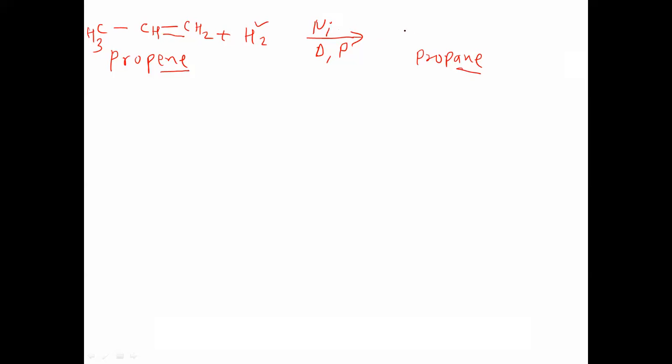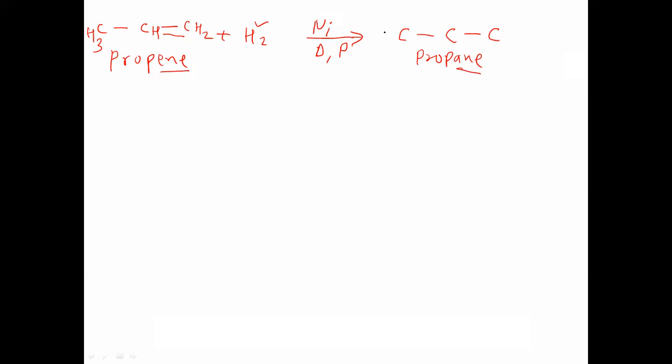Okay. So the number of carbon atoms remains the same, 1, 2, 3. Okay. And previously we had one pi bond over here. So that pi bond is substituted by two hydrogen atoms, means one hydrogen molecule.